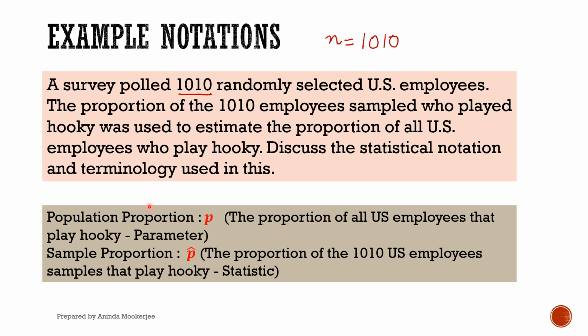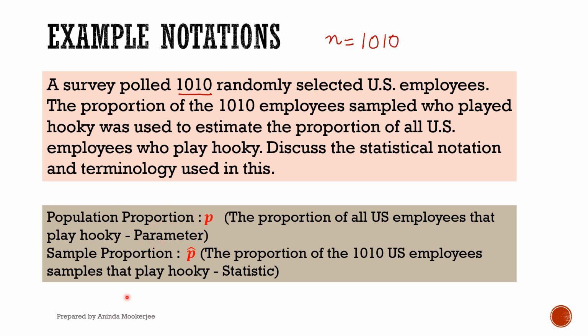So population means the entire group of US employees, all US employees. So you will see often that population is mentioned as all US employees or all students or all men or all women. So the word all will be included whenever we refer to a population.